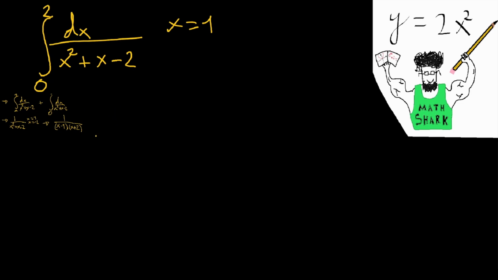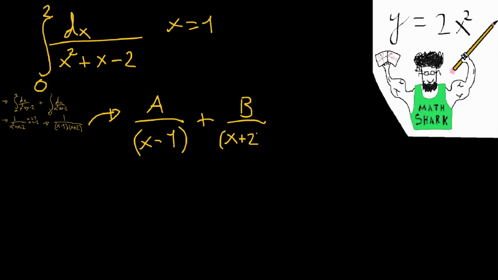And we do that by writing it like this: a over x minus 1 plus b over x plus 2 equals 1 over x minus 1 times x plus 2.